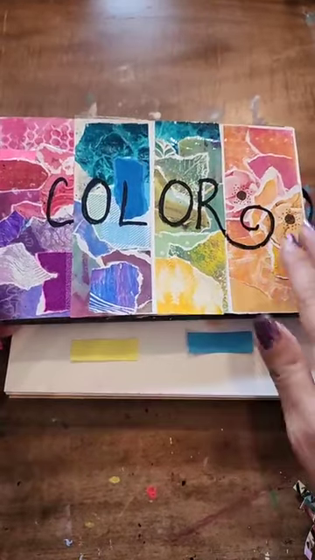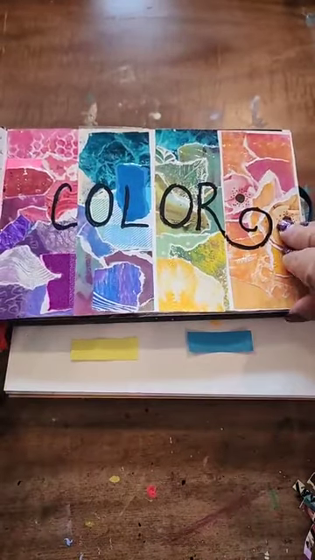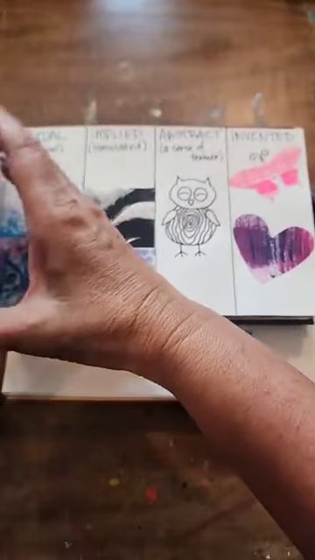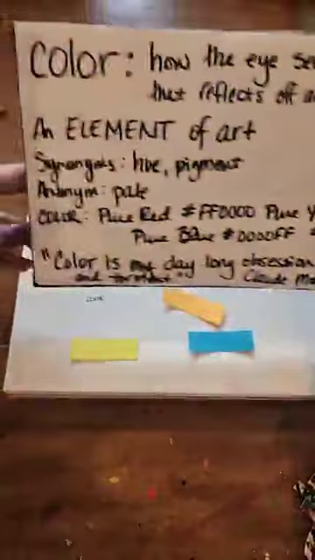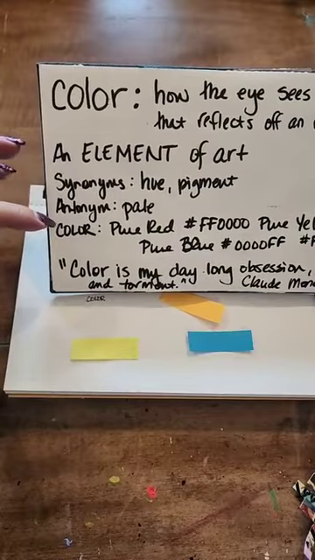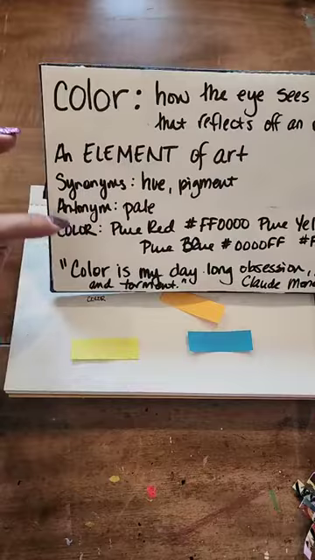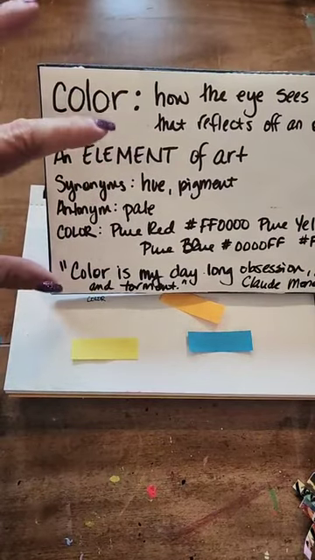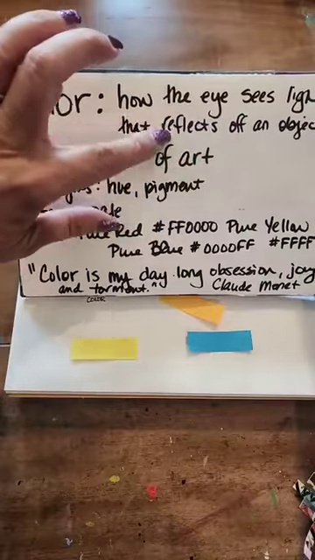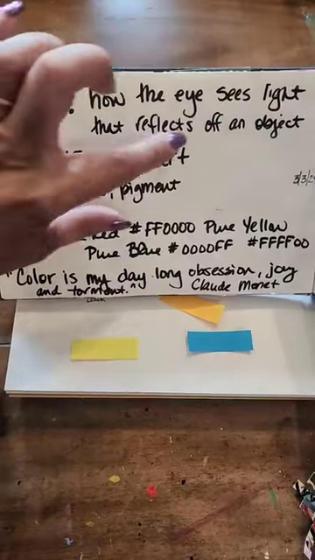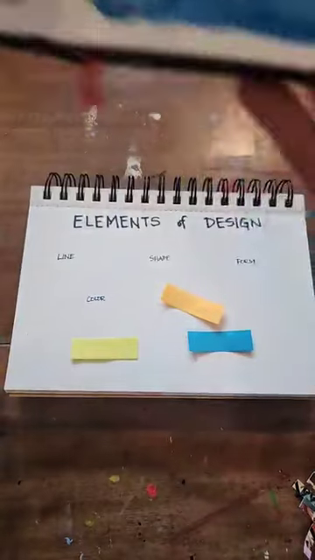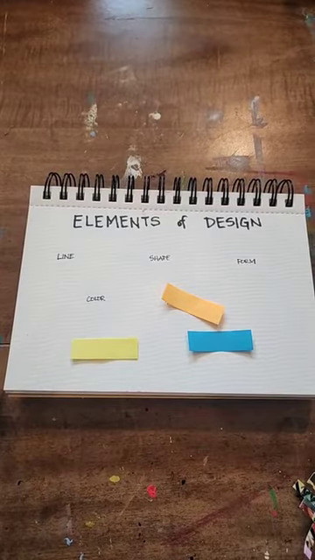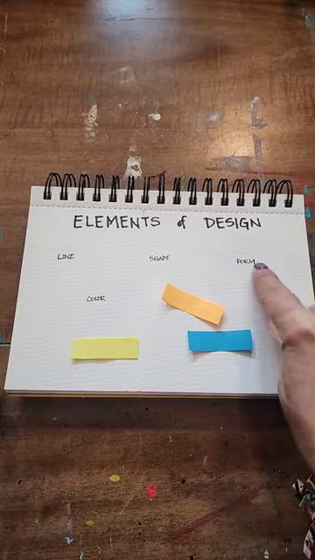And color, when I did some of the information like on the back of this one, it's an element that is how the eye sees light, and it reflects, and how it comes together to reflect off of an object. So it can have value, which we talked about with the three-dimensional, with the form.